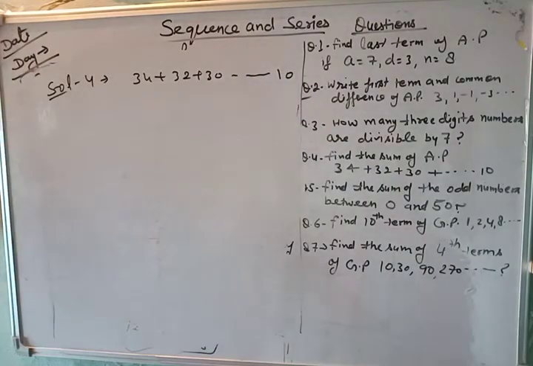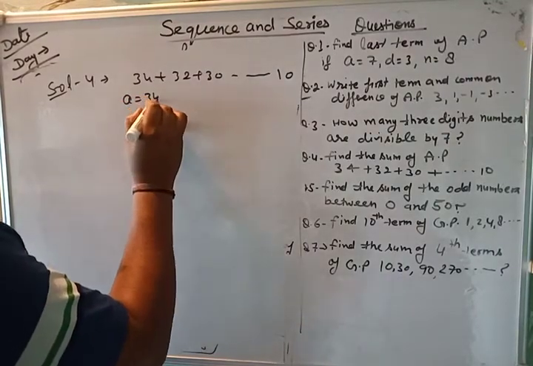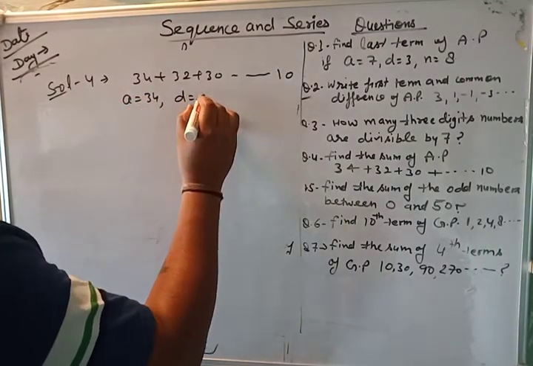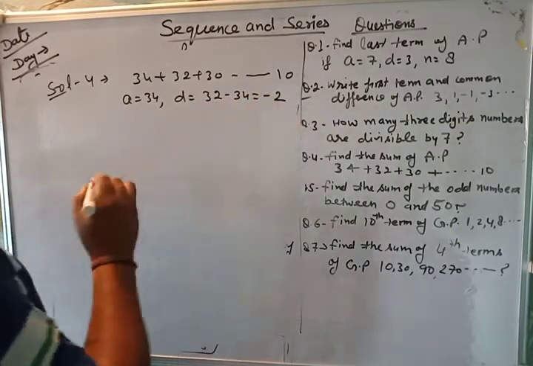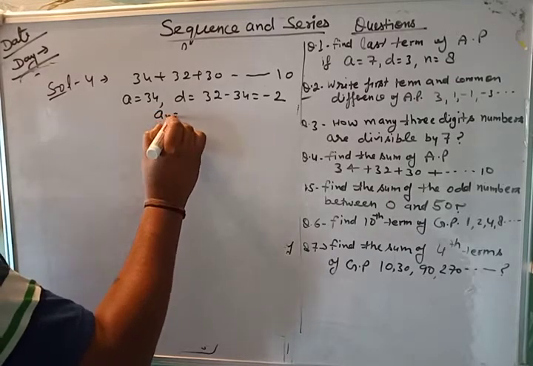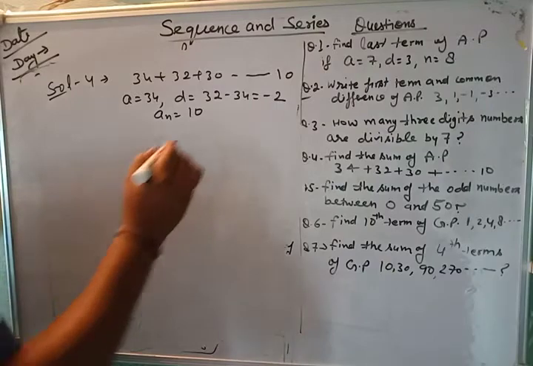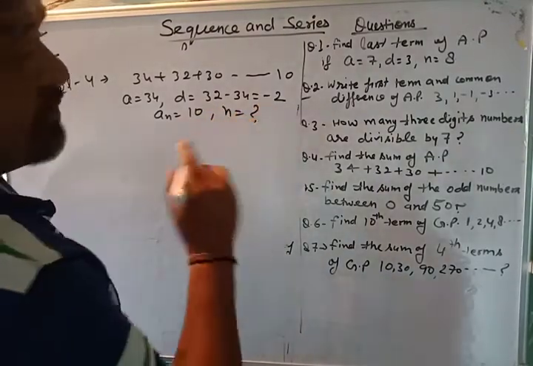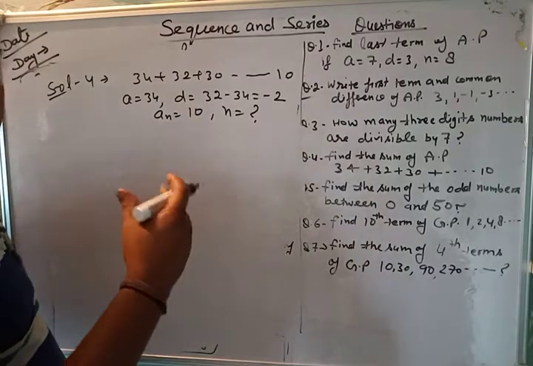So here a equal to 34, d equal to 32 minus 34 equal to minus 2, and an equal to 10. But here we do not have n, the number of terms. So firstly we will find out the number of terms.